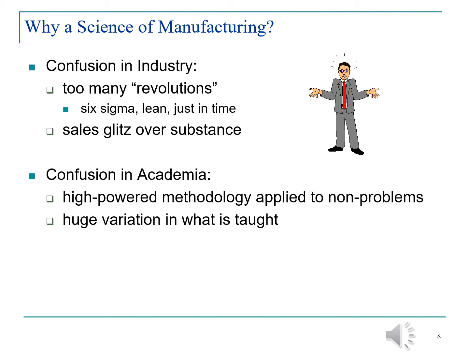So there's confusion about when to use what, why do we need to learn all these things, what is the purpose. So when we define a science of manufacturing, we're trying to provide some type of structure.